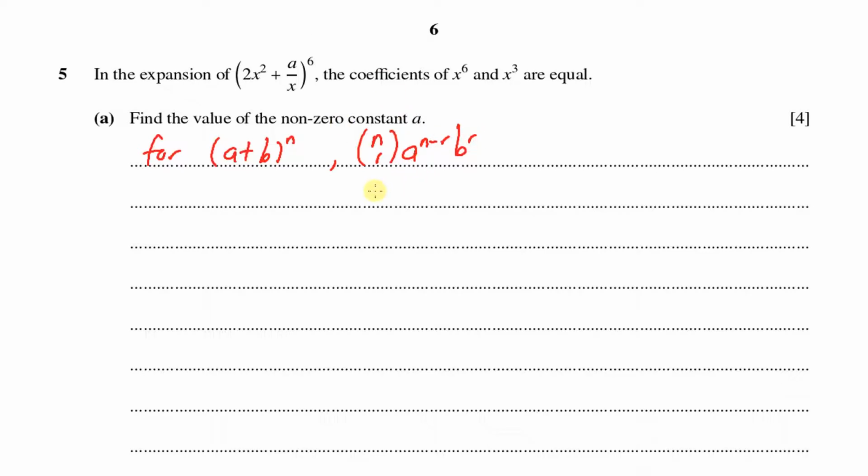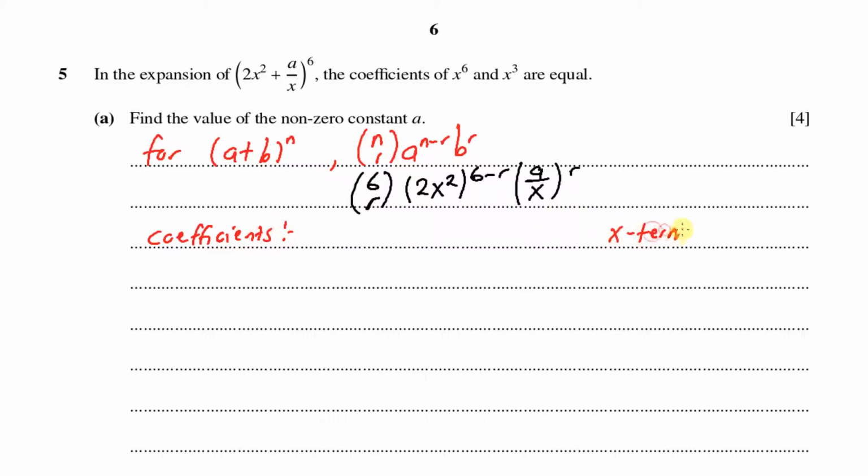So in our case here, the general form for the terms in the binomial expansion of this should be 6 choose r, and (2x squared) to the power of 6 minus r, and (a over x) to the power of r. So now we can split this into coefficients and also into x terms. Now for the coefficients, we are going to take the constants only from this.